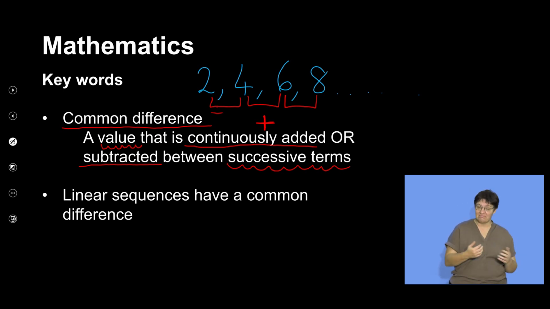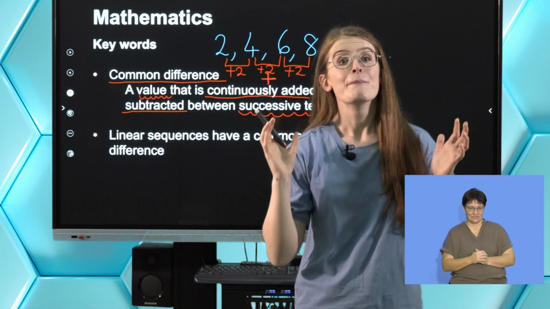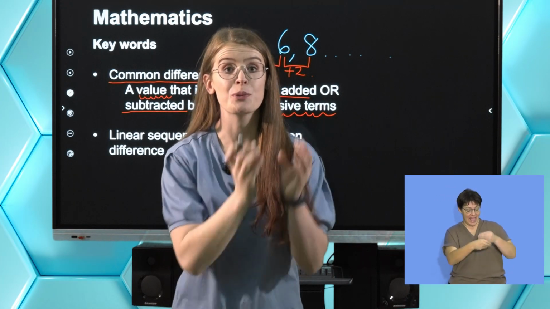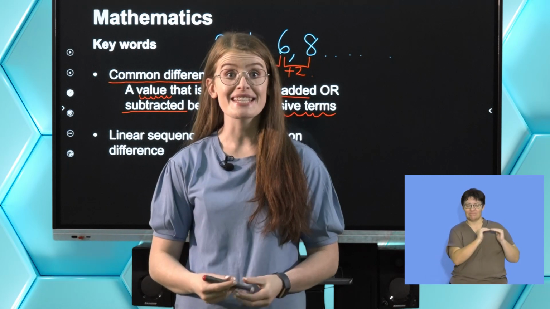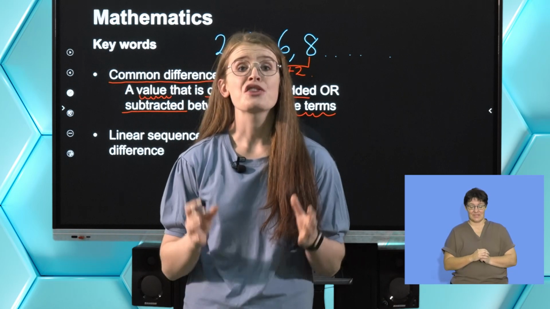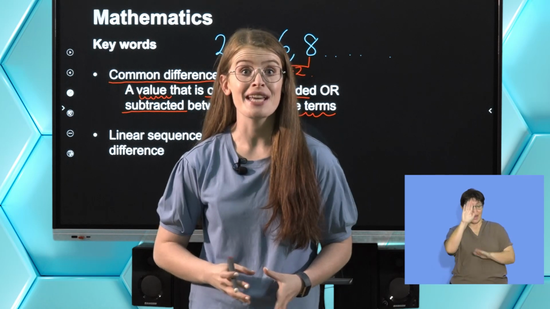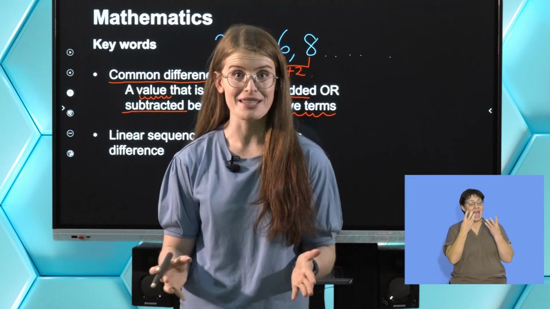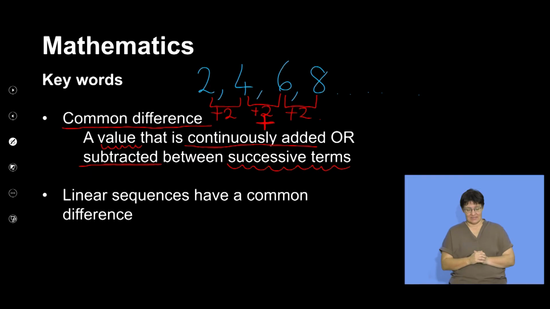Hopefully, you're going to agree with me that I've added 2 between each of these terms. Because I've added 2 between each of the terms of the sequence, my common difference is 2. And again, I'm going to repeat that the property of a linear pattern is the fact that there is a common difference present. Let's have a look at another example.